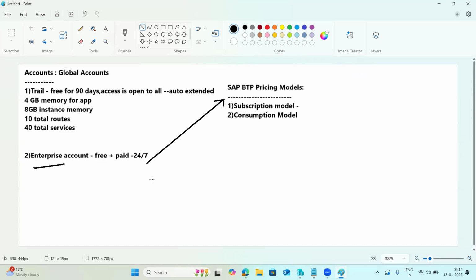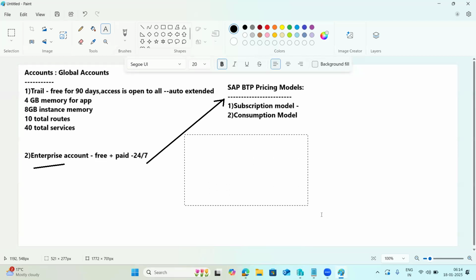What is meant by the subscription-based model? Subscribed services. Here you are allowed to use the subscribed services only.